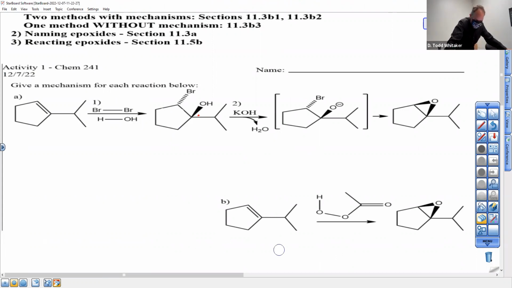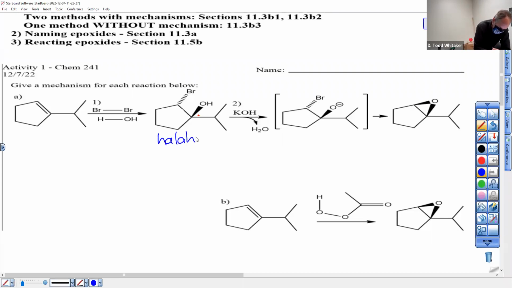I had an idea. And we're going to do a review mechanism because of this guy here, halohydrin. You could look up in the index of the textbook on how to make halohydrins, and you'll see that this is a review mechanism.